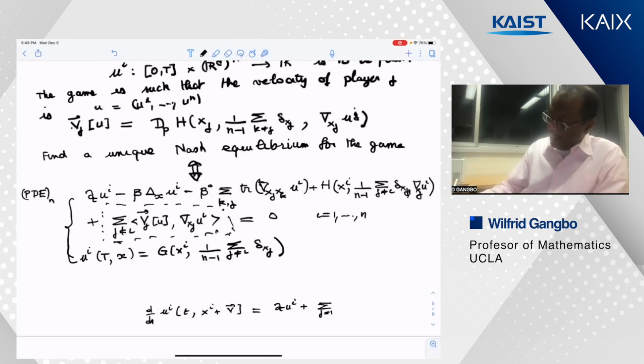And here, I am going to take all the velocity except the velocity of player i. Therefore, I am going to sum over j not equal to i, the gradient of S_i, the inner product with the velocity. And this is what explains the presence of these two terms. So the derivative with respect to t and the mixed term, this is in fact a directional derivative.